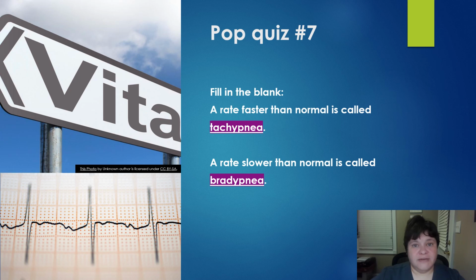You can remember that by tachy, meaning fast, like tachycardia or tachypnea. PNEA means breathing. And of course, the bottom one there, the brady means slow. Of course, when you're talking about this, it's pronounced bradypnea.